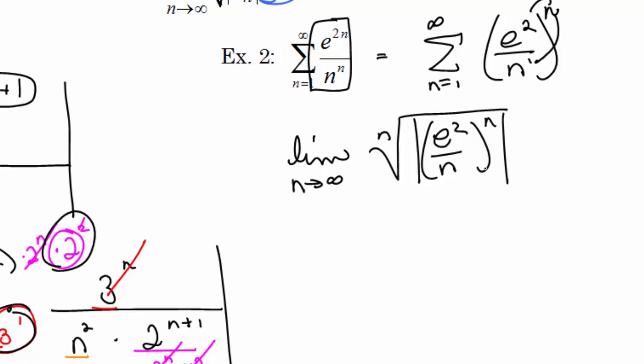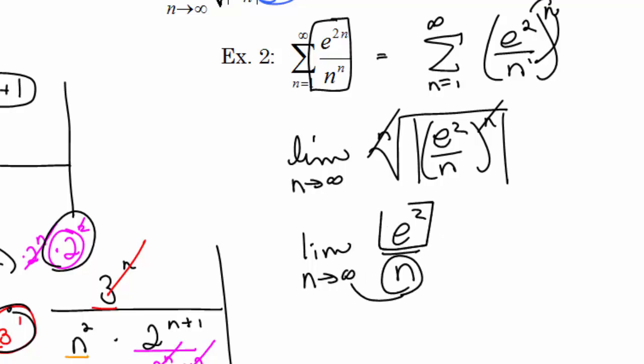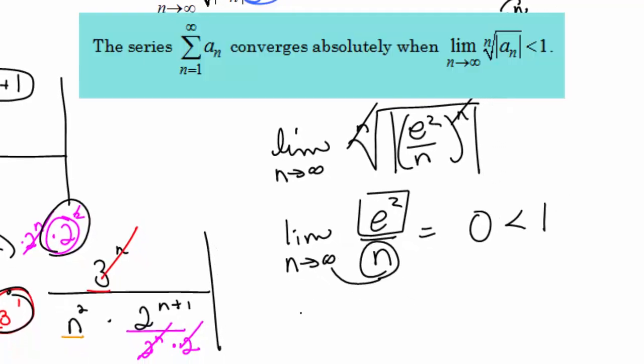Okay, what does that equal? I'll have the limit as n approaches infinity of the nth root of the nth power. As n gets larger and larger, because e squared is around 10, it's not varying, that value is 0, which is less than 1.